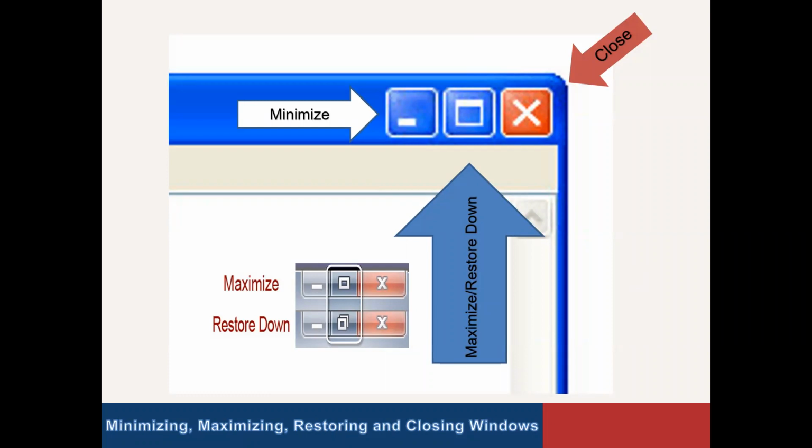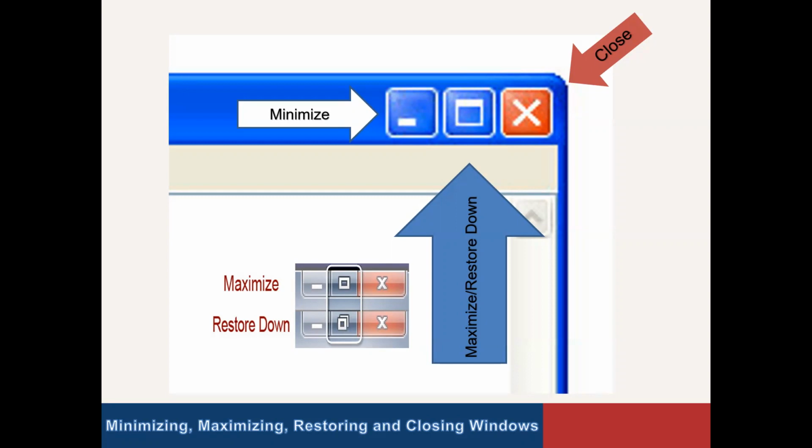When you have a window open, you'll know it's a window because it will have these three buttons in the top right-hand corner. This one being minimize. The middle button changes depending on the status of the window. So if your window is already full-sized or maximized, then you're going to actually see the middle button have two little windows in it because that's going to restore it down to a smaller size.